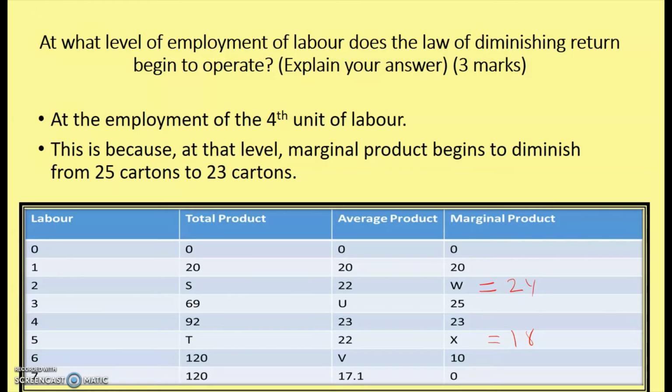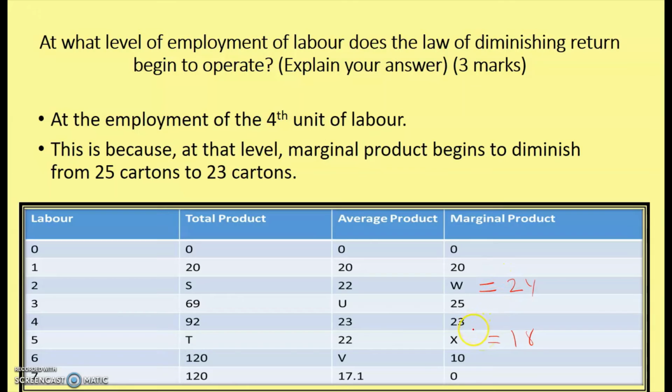Now, to know when the law begins to operate, the moment you realize that the marginal product has started falling, then you know that the law is operating. Realize that taking the marginal product, we have 0, then 20, 24, 25. Then it falls from 25 to 23.